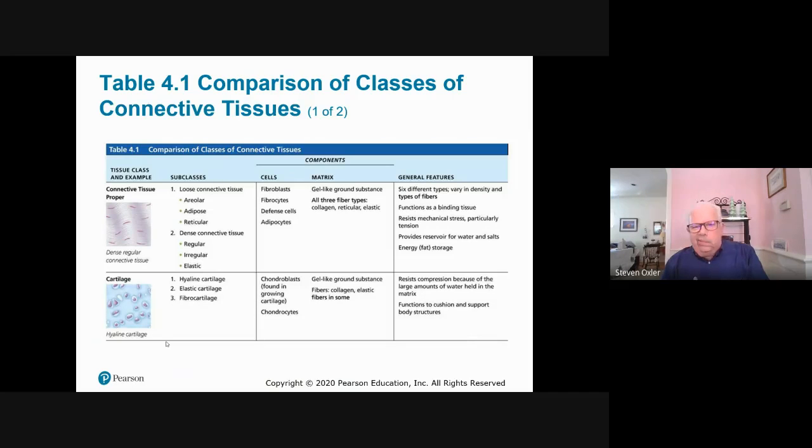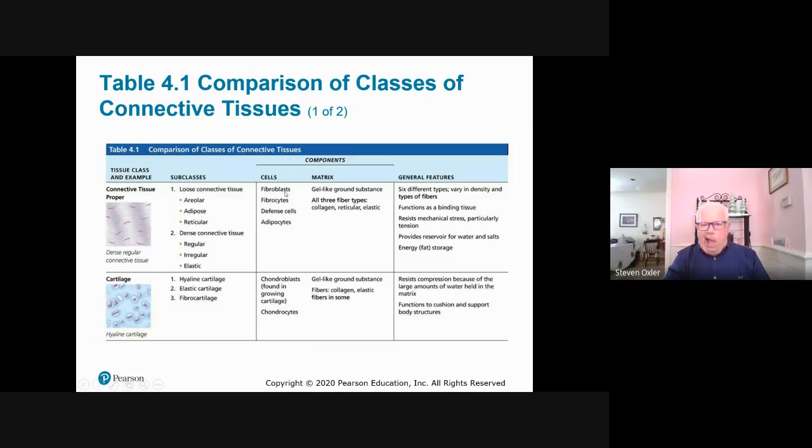The comparison of classes is important, and I want you to focus on the types of cells that produce these tissues. So I'm going to focus right here on connective tissue proper, and on fibroblasts. Whenever you see the word blast, it means these are the cells that produce the tissue.